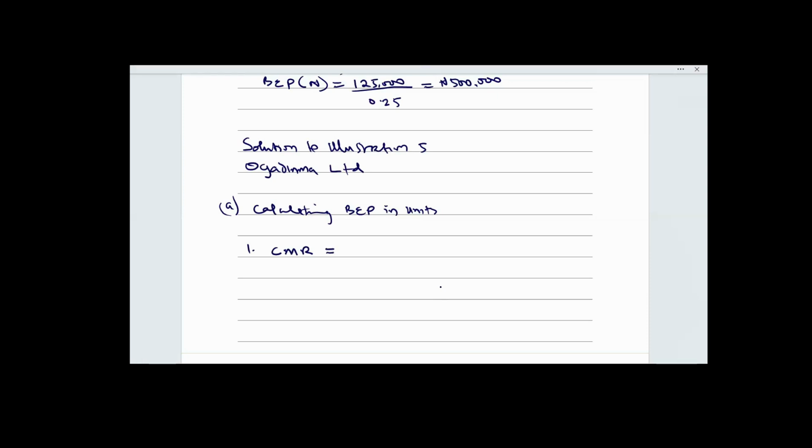How am I going to calculate the overall contribution margin ratio? It will be total contribution for the organization divided by the total sales. So that will give me the overall contribution margin.